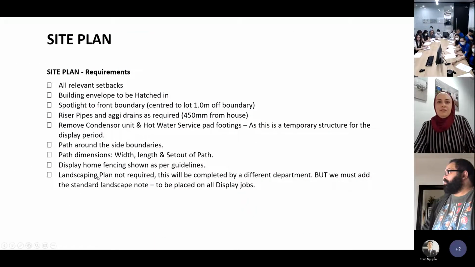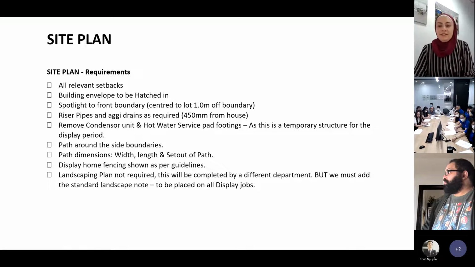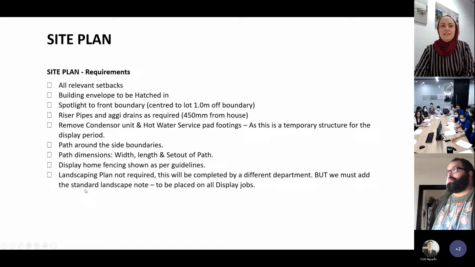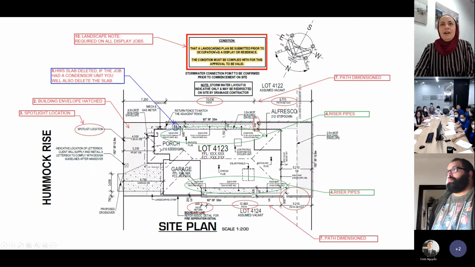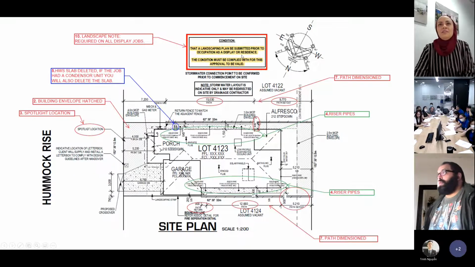Perfect. So for displays, we don't need to create a landscape plan. It'll be completed in-house by a different department, but what we need to do is ensure we add a standard landscape note. The standard landscape note is this note over here, highlighted in yellow. The note says that a landscape plan be submitted prior to occupation as a display or residence.